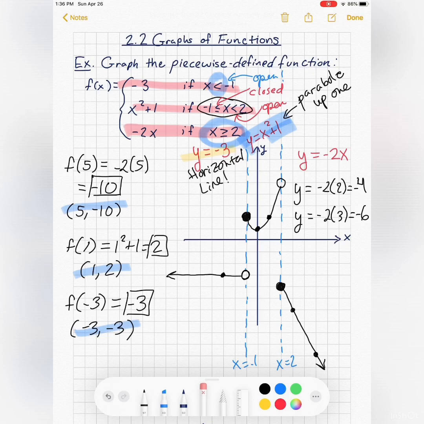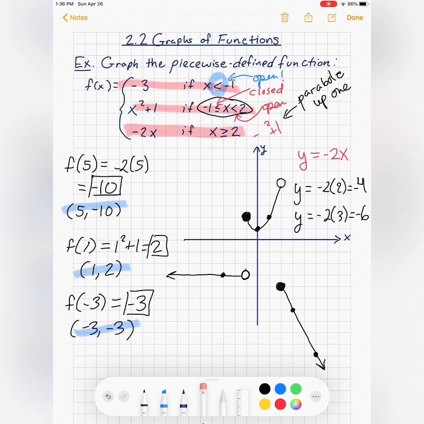So I have these reference lines. These were not really part of the graph. We really just use those to help us fill the graph in. So I think at the end here I would go ahead and delete those. Okay, clean some of this up.